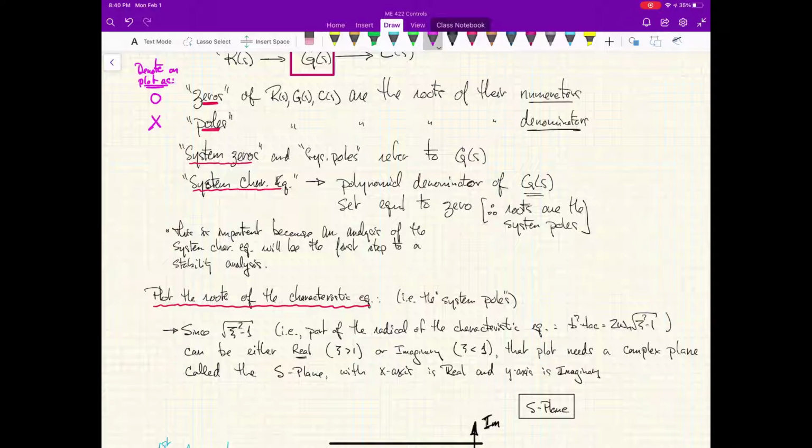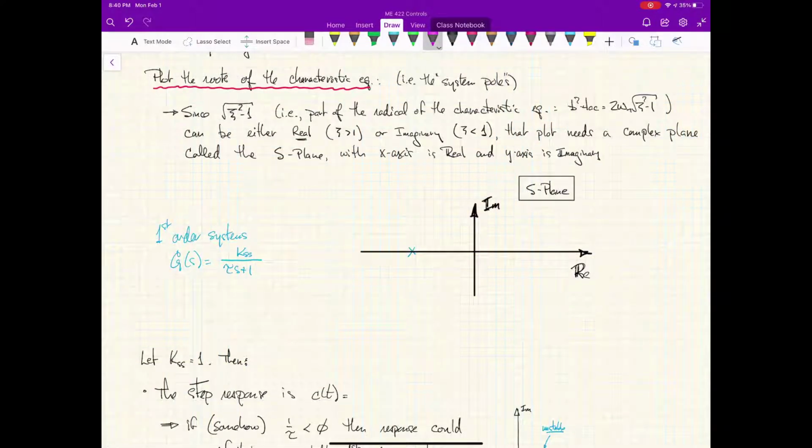All right, so next, let's talk about plotting those roots for the characteristic equation, so the poles of the system. Because zeta can be really anything. If it's greater than 1, an overdamped system, there's really nothing particularly interesting about the roots of the characteristic equation, right?